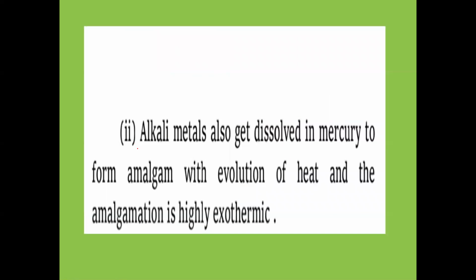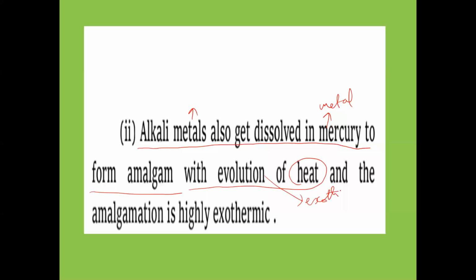Next. Alkali metals also get dissolved in mercury to form amalgam. Here mercury is one metal, and the alkali metal is another metal. So alkali metals will combine with other metals like mercury to form amalgam with evolution of heat. Evolution of heat means what? Exothermic or endothermic? Exothermic.